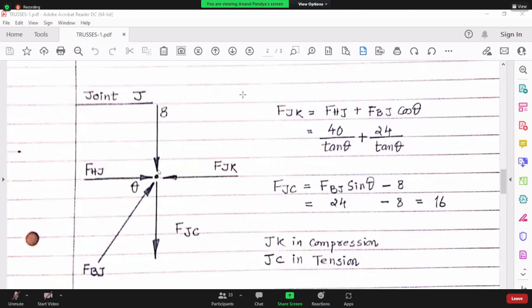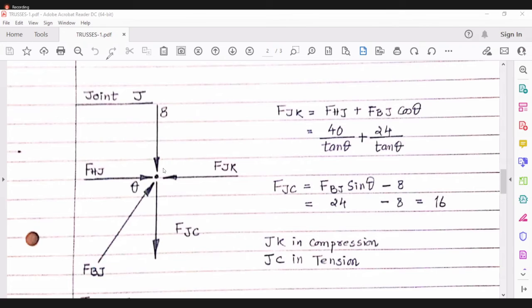Yeah, so here we are again. We have found out FHJ. We know the direction also. This direction is known. Then FBJ also is known. Right? FJK we do not know. But one thing is sure that HJ is in this direction.